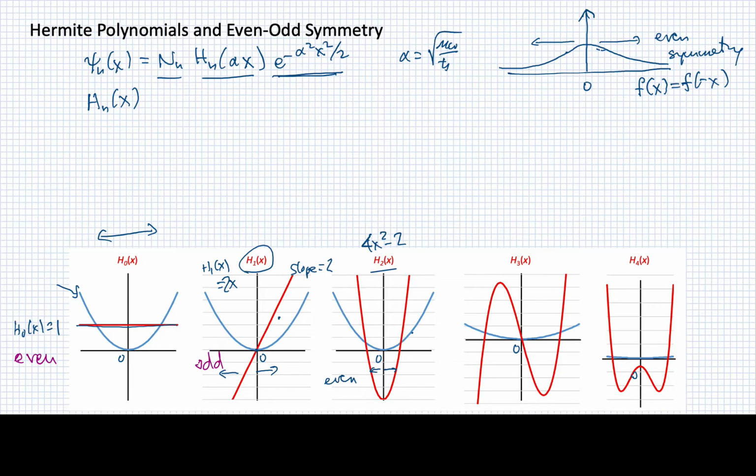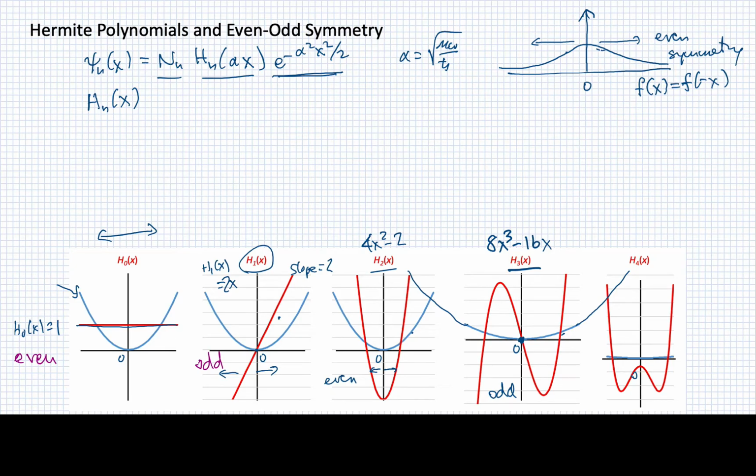Now, when we get to the higher ones, we actually have to look at a smaller and smaller region around the center of the potential function. That's why this one is only shown up to here, but these curves should be considered to extend beyond where they're drawn. So in this case, H3 of x, which is 8x cubed minus 12x, is clearly an odd function, because it changes sign when it goes through the origin.